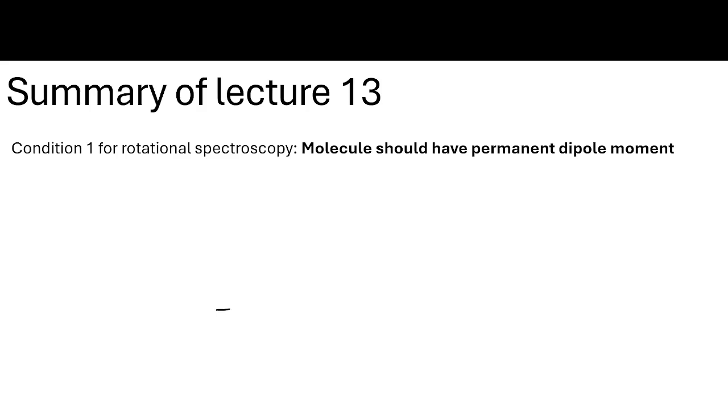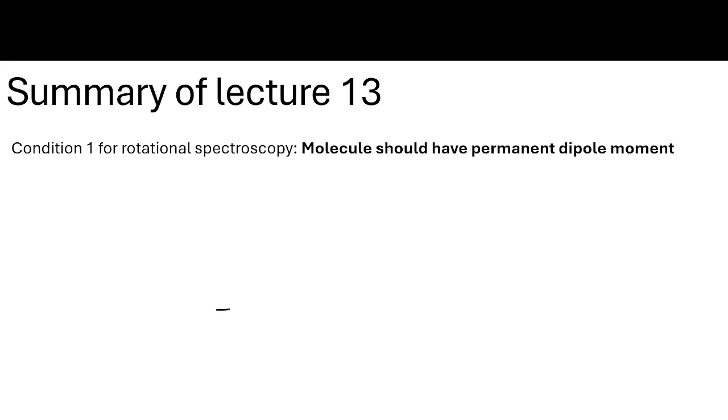We saw how we can deal with rotational motion, how we can calculate angular momentum and energy, everything for any diatomic molecule. Till now we don't know what kind of diatomic molecule, but for rotational spectroscopy, what kind of diatomic molecule do we need? So the condition is that the molecule should have a permanent dipole moment.